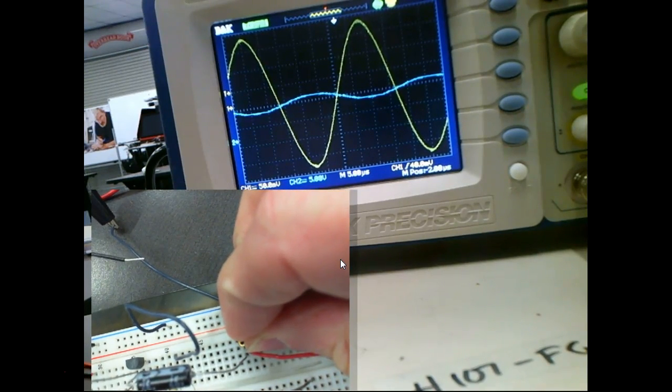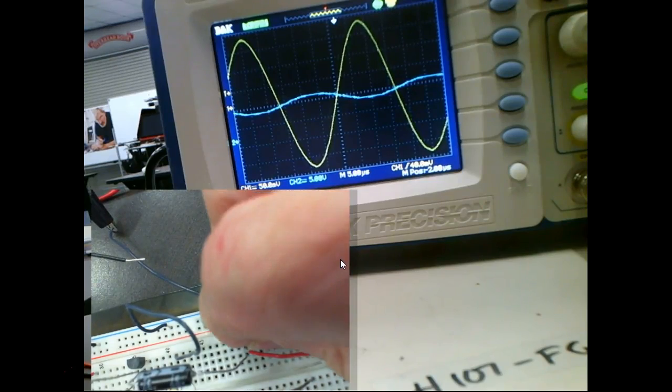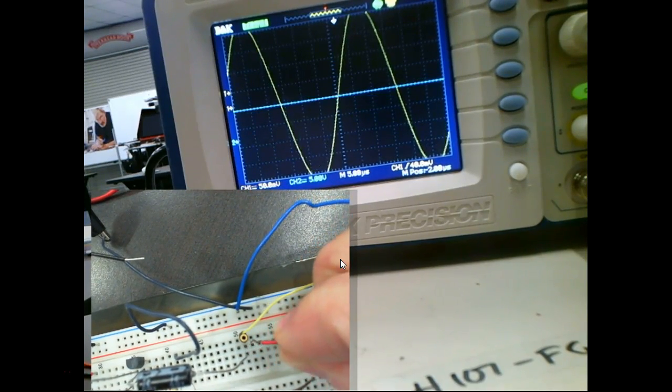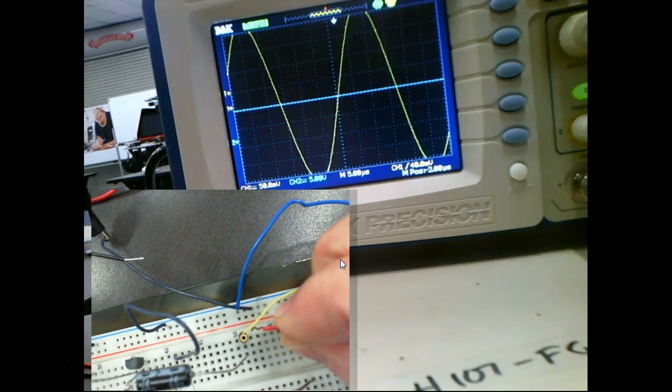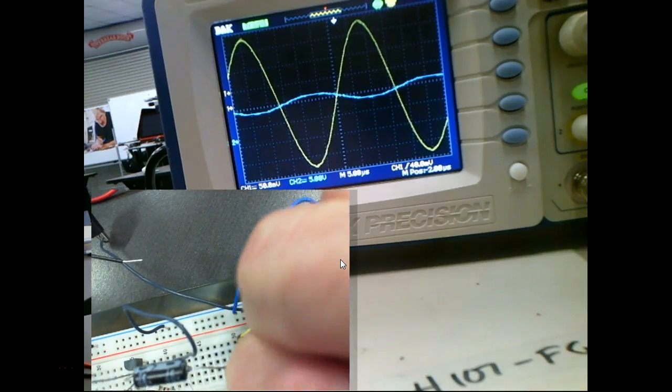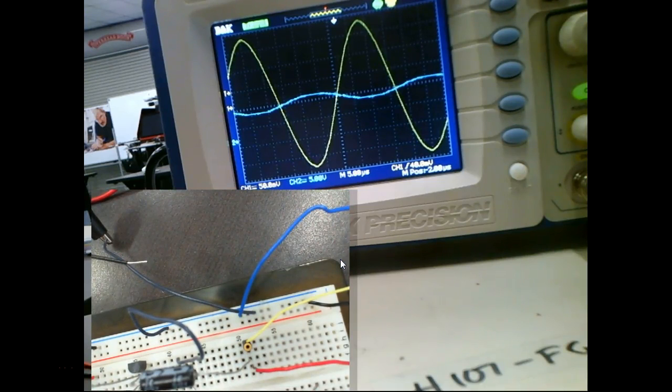And what do you notice about the yellow one? What do y'all notice about the yellow one? It went up because I unloaded it, right? You understand? As soon as I load this thing down, the actual output of the function generator dropped because this is not a regulated output, right? You understand that? Plus we're running it through a pot.